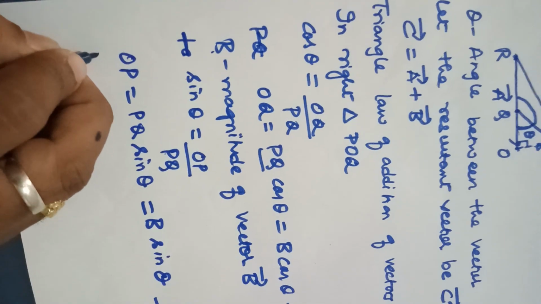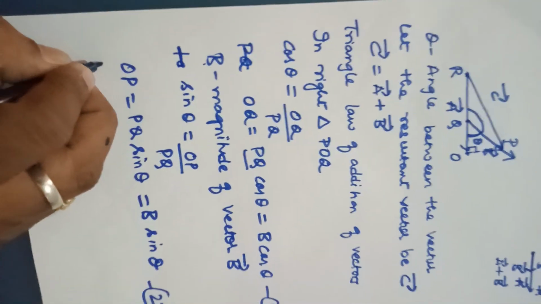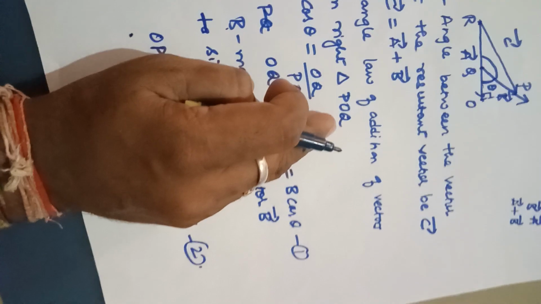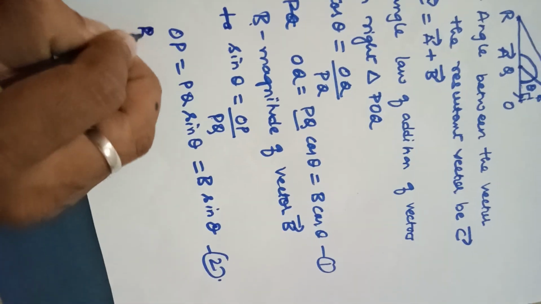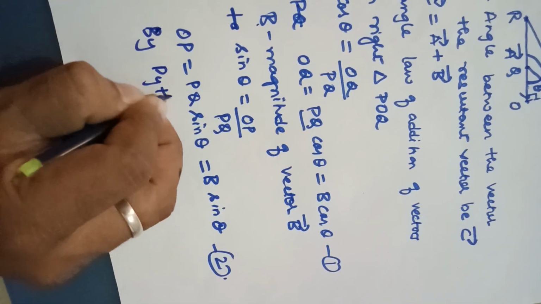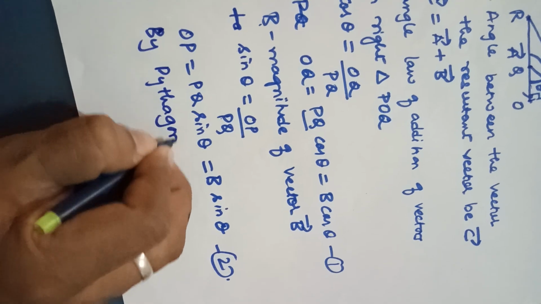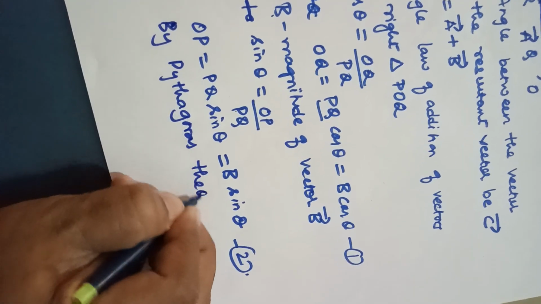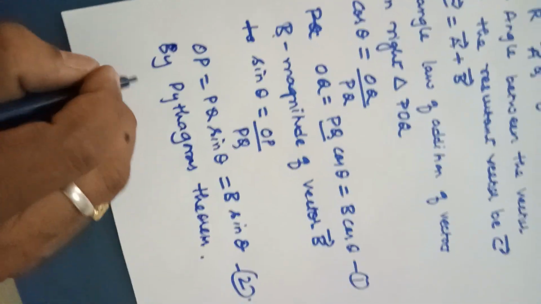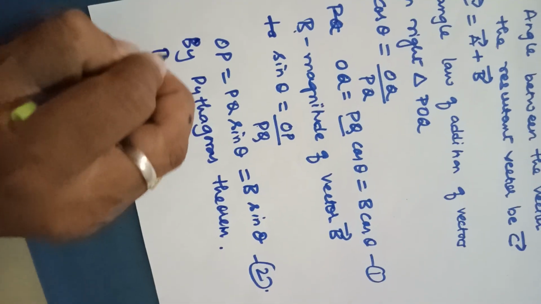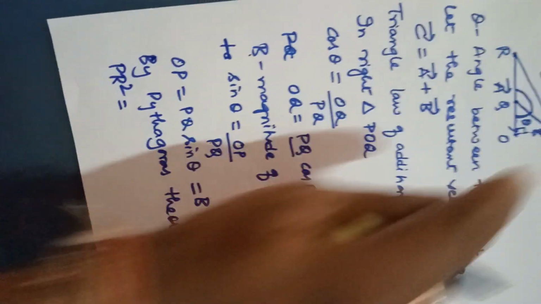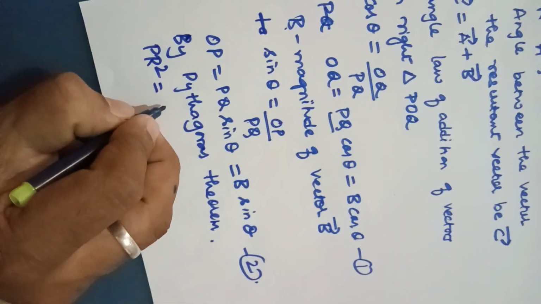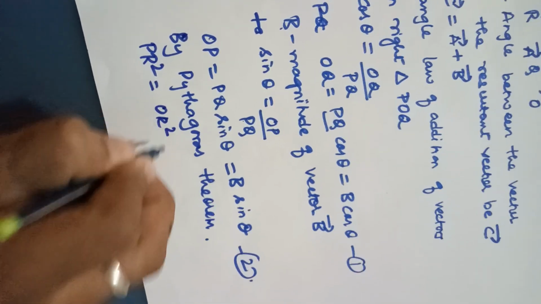For that we shall consider the right triangle again, that is, right triangle POR. Let's apply the Pythagoras theorem. By Pythagoras theorem, PR square is equal to OR square plus PO square.